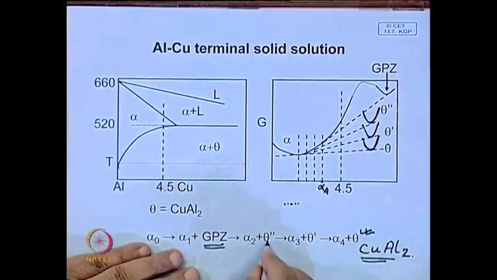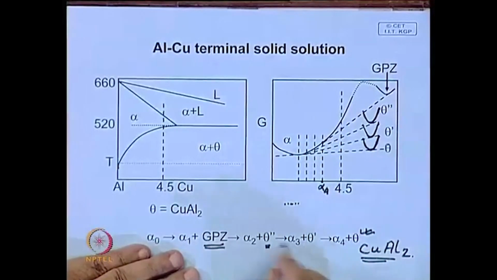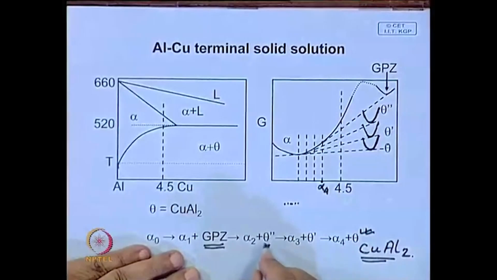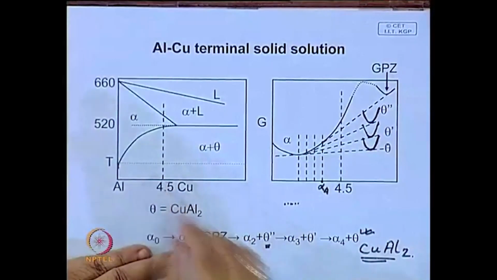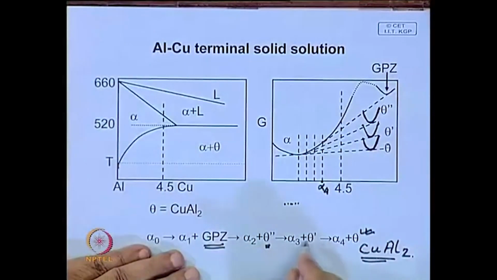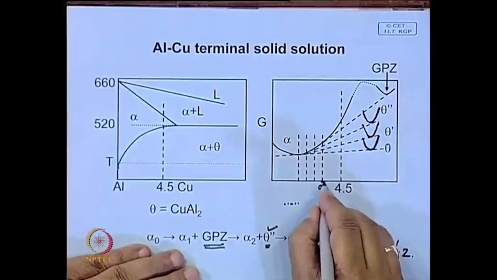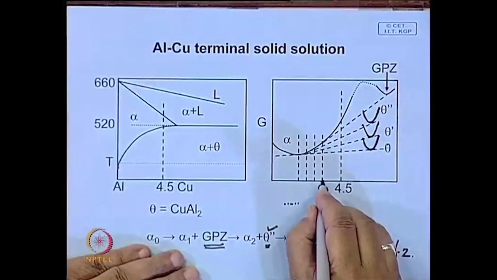Next is theta double prime, which has a definite crystal structure, and in certain directions its lattice parameter may be exactly similar to that of aluminum, so that will be the preferred plane on which this precipitate forms. Theta prime has a slightly different structure than theta double prime, and so it goes on changing, and you can see this has the highest solute content.